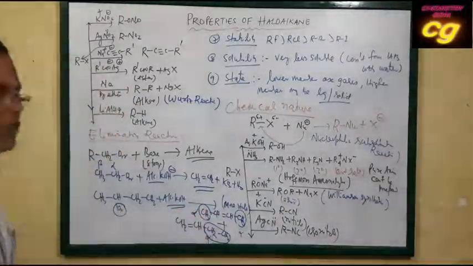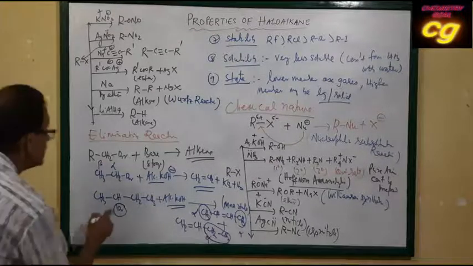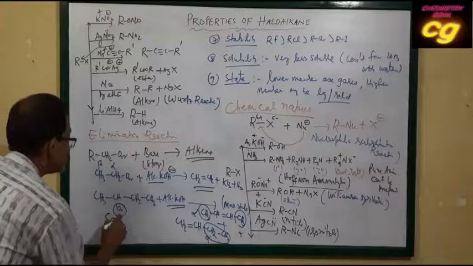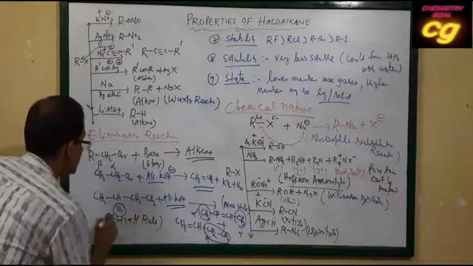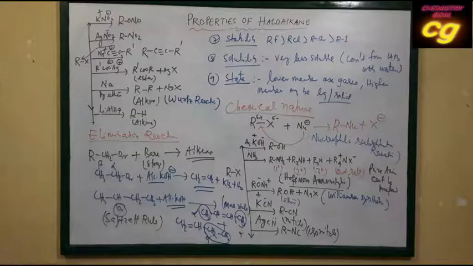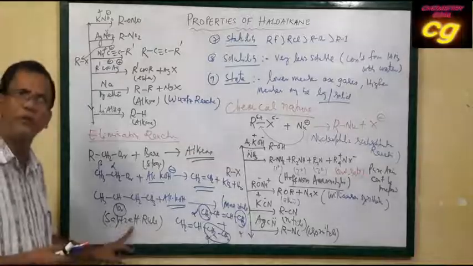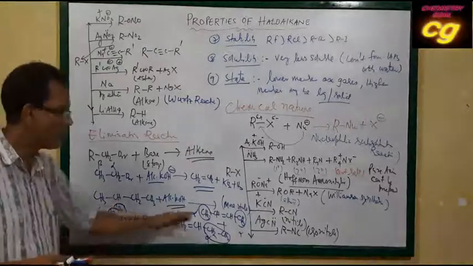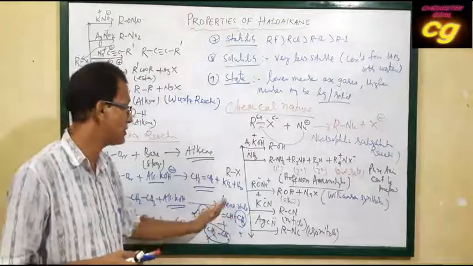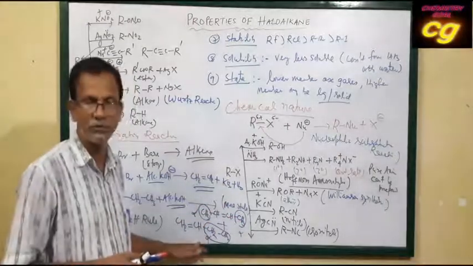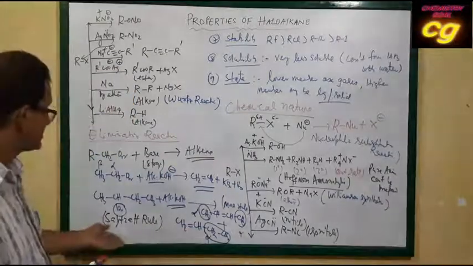This rule is called Saytzeff rule. Elimination of haloalkane follows Saytzeff rule. This is very important. It forms the more substituted alkene, which is more stable than the less substituted alkene.